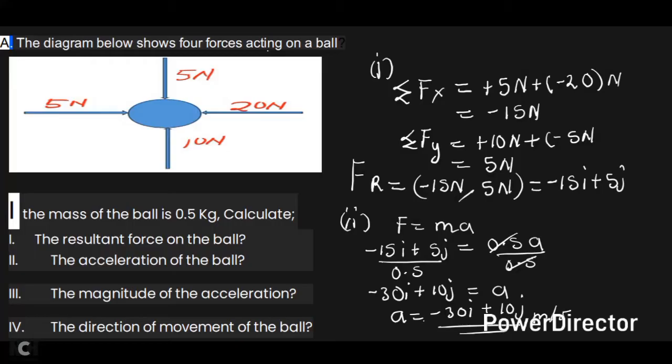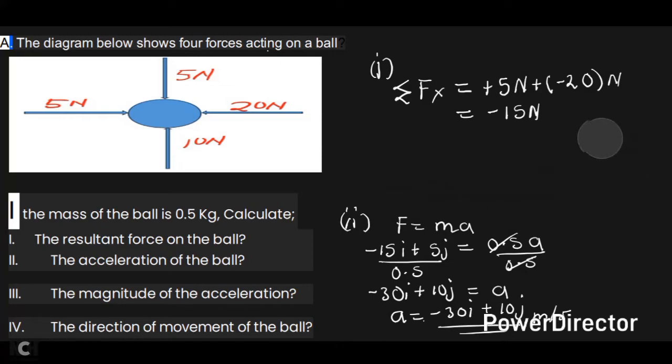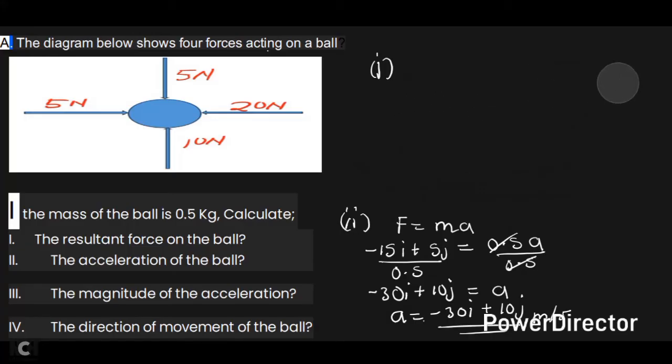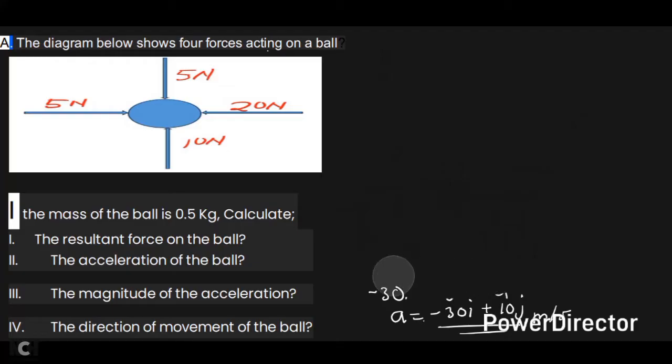Now let's go on to question 3. What are they saying in question 3? They're asking for the magnitude of the acceleration.